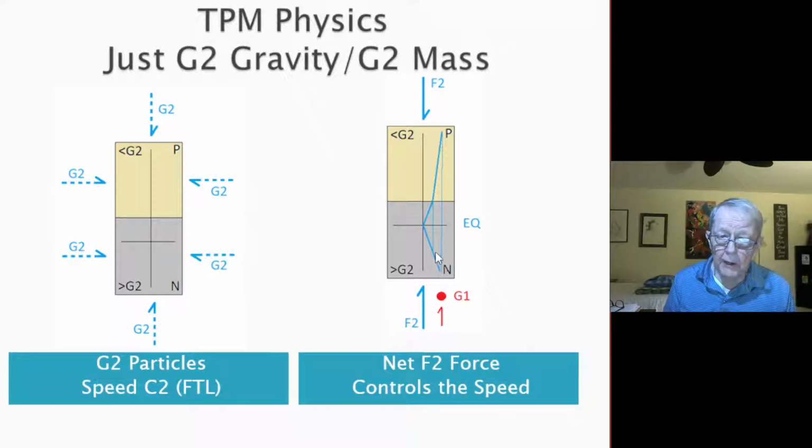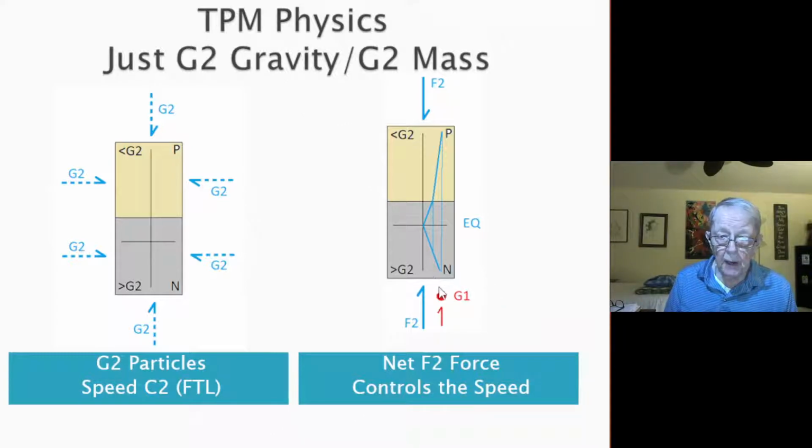Now, what I've added here that isn't in the book is the fact that there is a force field inside the diode. Standard model has a voltage potential. This is G2 gravity inside the diode.